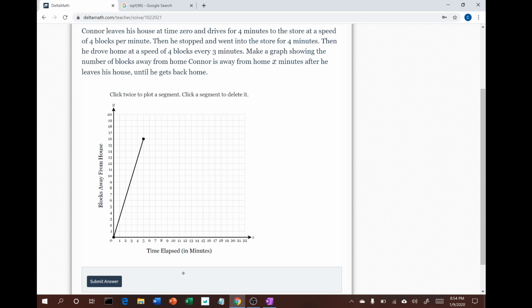So he starts there, and then he goes down 4 blocks every 3 minutes. Over 1, 2, 3, down 4. Look, that's what I got. I don't know if that's right or wrong.